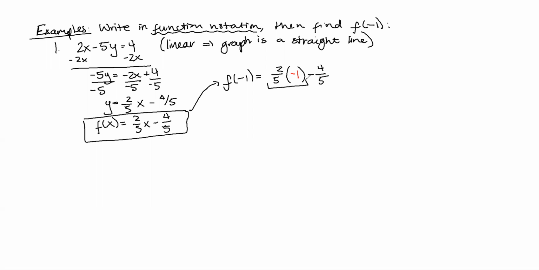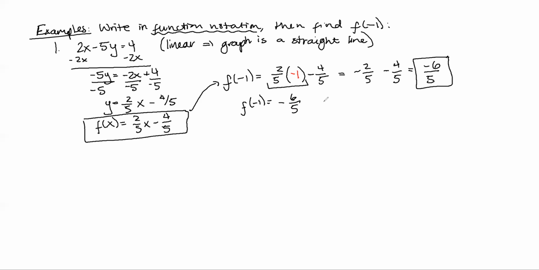Simplifying this down a little bit, 2/5 times -1 is just change the sign, -2/5, and then minus 4/5. Now we already have a common denominator, so we get -2 minus 4 is -6/5. So this is telling us f of -1 equals -6/5.